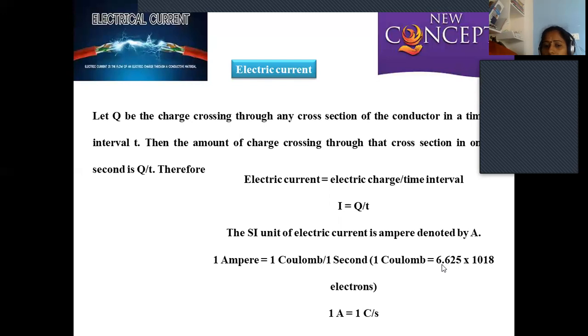This is a constant value. In this way, electrical current is taken as the ratio of electrical charge and the time interval, that is I is equal to Q by t. I is measured in amperes. Ampere is denoted with capital A.